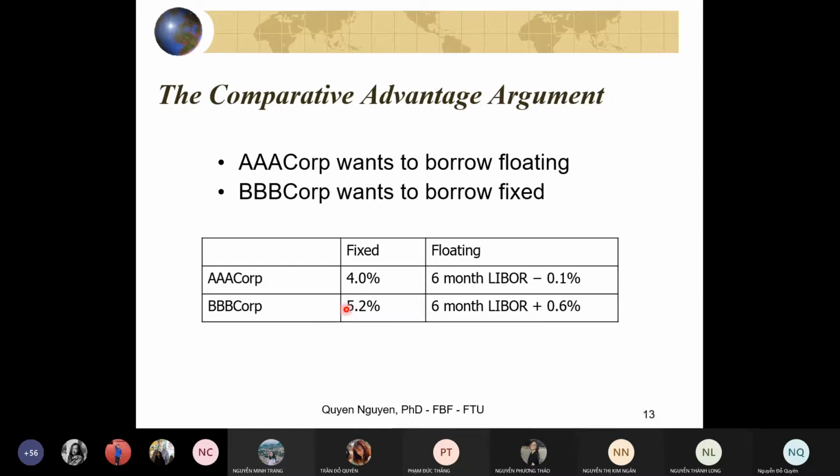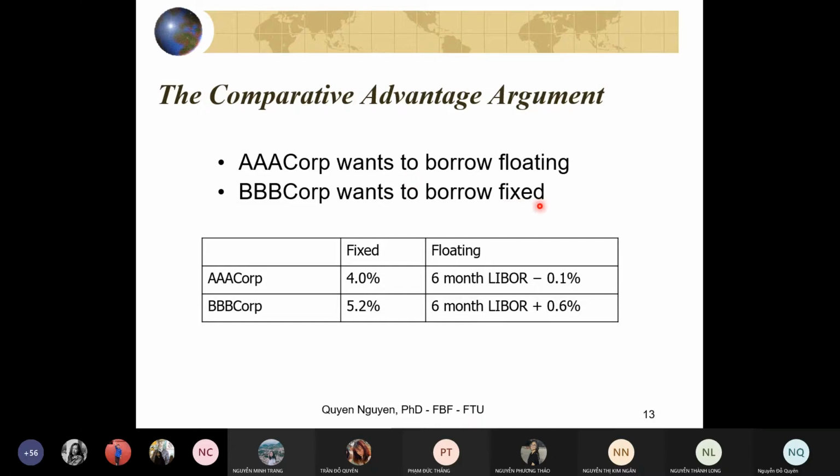Then we can conclude that AAA may have the comparative advantage over the fixed rate, and BBB will have the comparative advantage over the floating rate. However, AAA wants to borrow at the floating rate, although it has the comparative advantage over fixed rate, and BBB, although it has comparative advantage over floating rate, wants to borrow at the fixed rate.